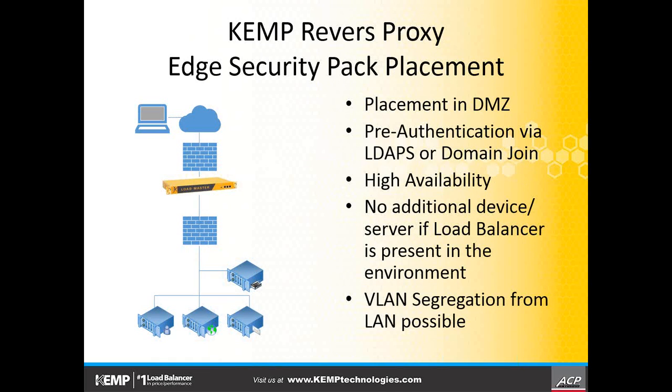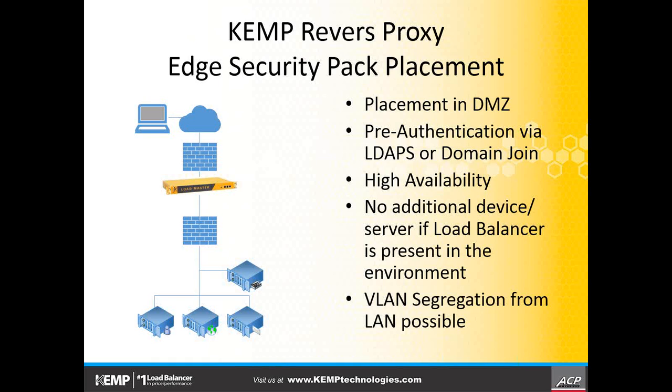But how does it look for KEMP? The Edge Security Pack is just a feature which we need to enable, and we put it also for sure in the DMZ. So it's the same position as some of the other solutions, regardless of Windows Server 2012 or if we have IIS or some other solutions. It's quite similar to the TMG, so we just have it in between our inside and our outside firewall.